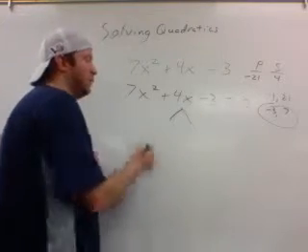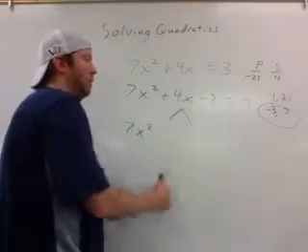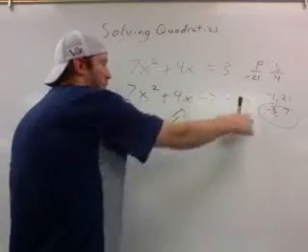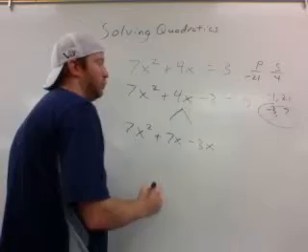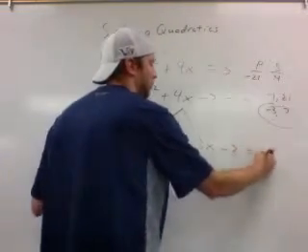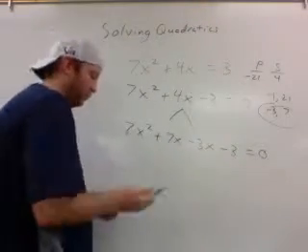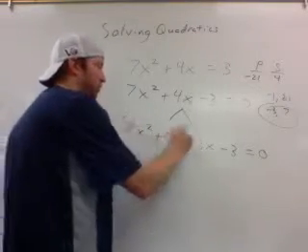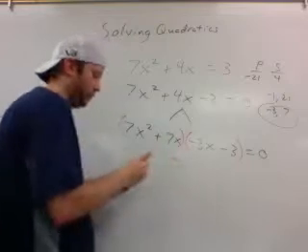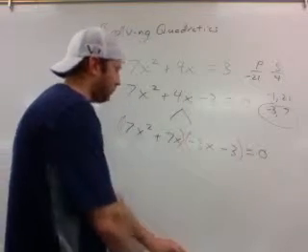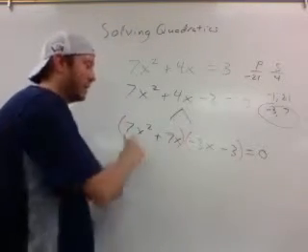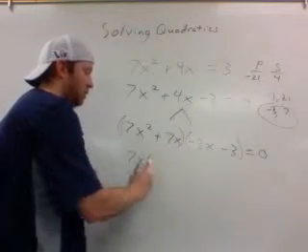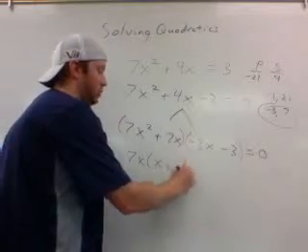So I'm going to split the middle term, 4x. I'm going to put 7x first, and minus 3x, and then minus 3 equals 0. Group. Be consistent on what I did, so I'm going to group the first two, the last two. I can factor out a 7x from 7x squared and 7x, so 7x comes out, leaving me with x plus 1.